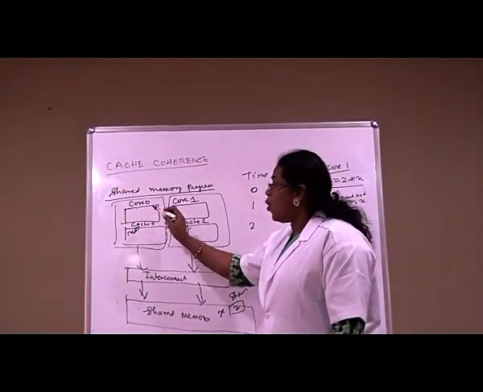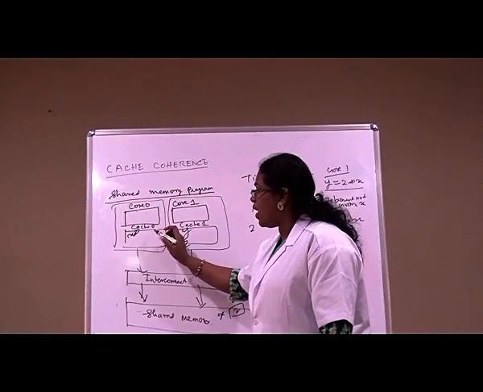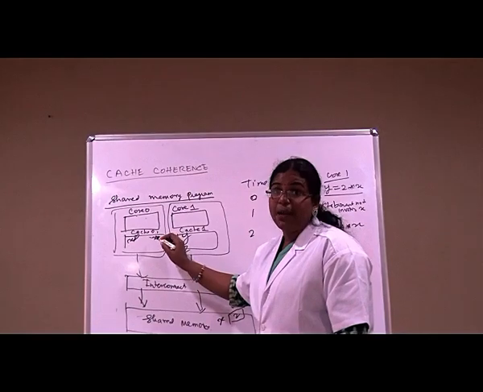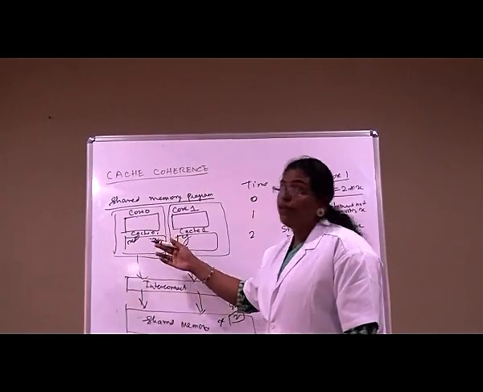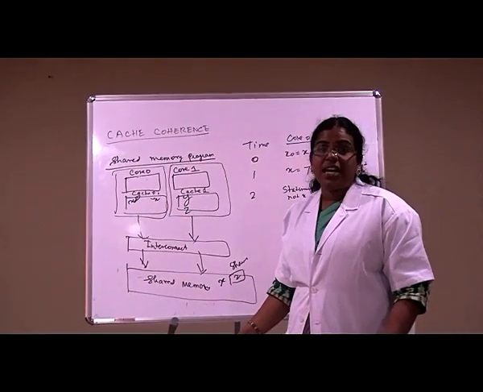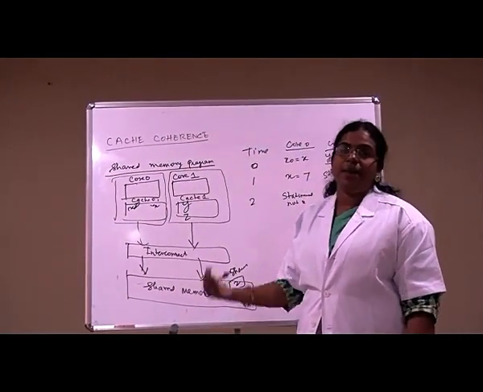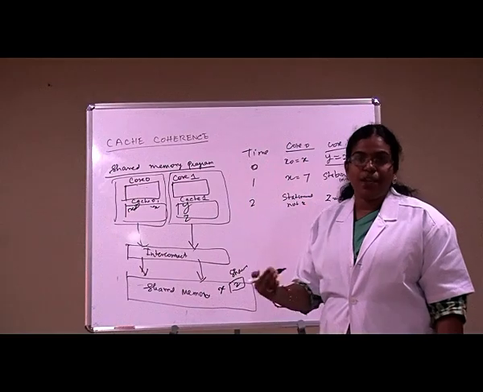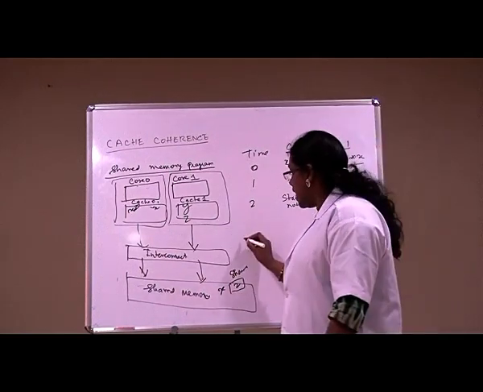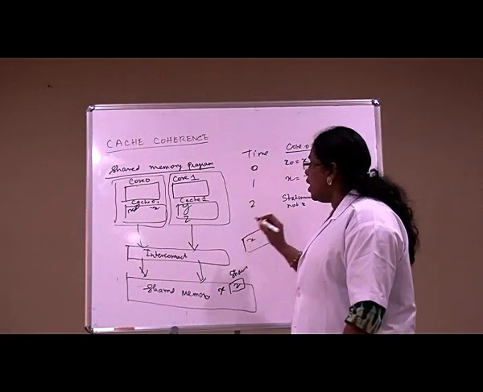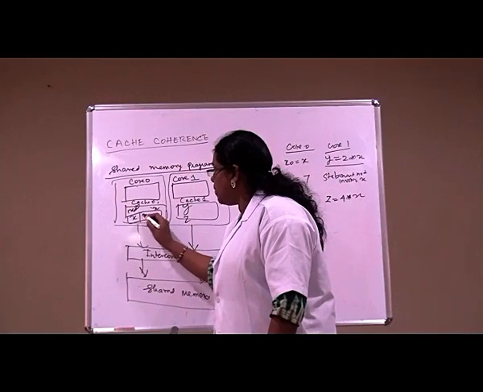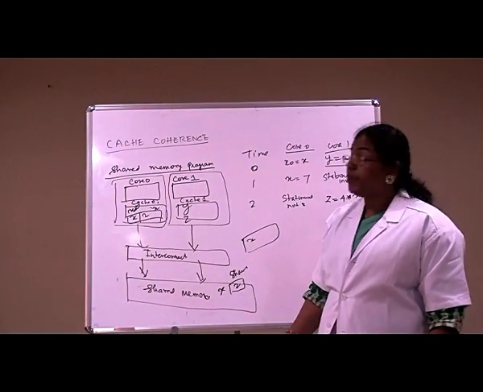So the core will search the cache for the value of X. X is not available in my cache, so it has to fetch it from the main memory. I have already told that whenever there is a data transfer between the main memory and the cache, it is in the form of a cache line or cache block. So the block that contains X will be copied to the cache.